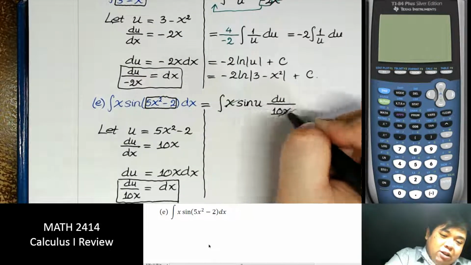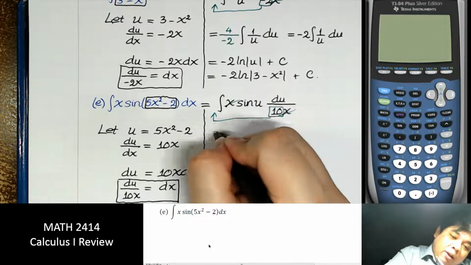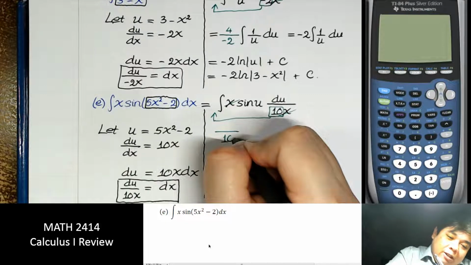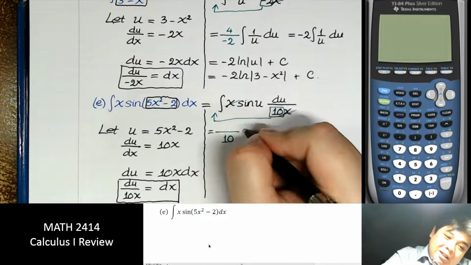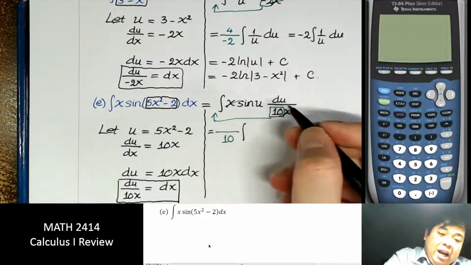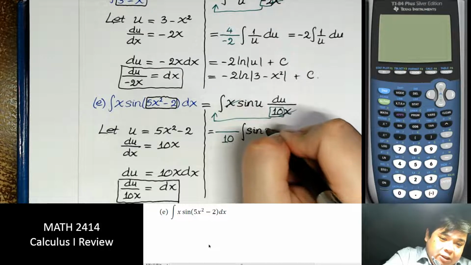X is cancelled out, the 10 is constant, take it out, but it will stay at the bottom. And inside the integral, we only have sine u du.